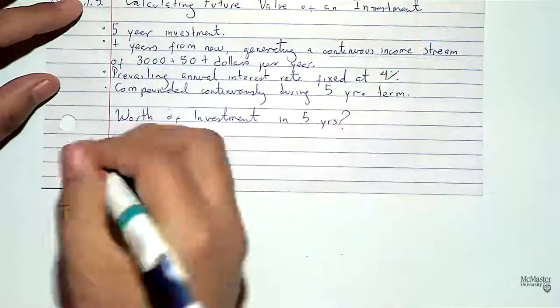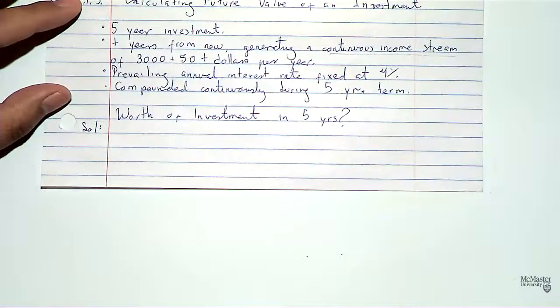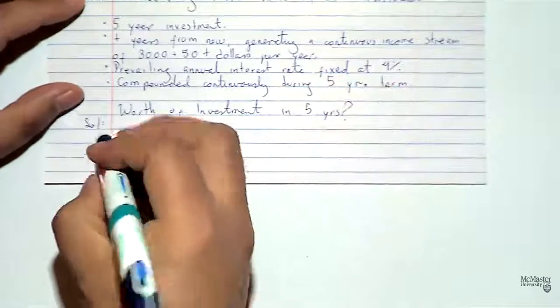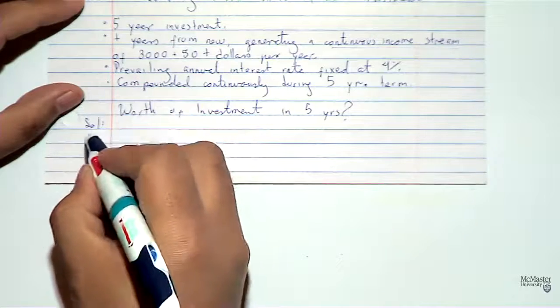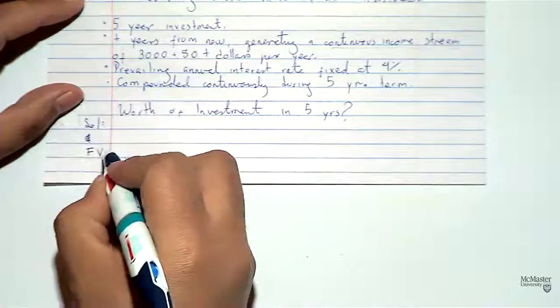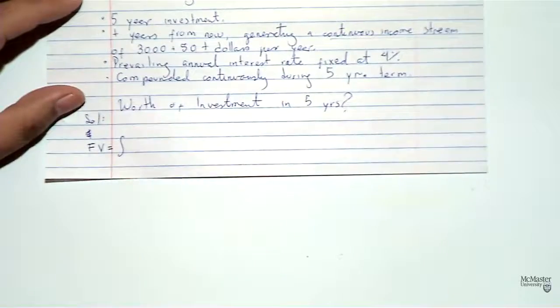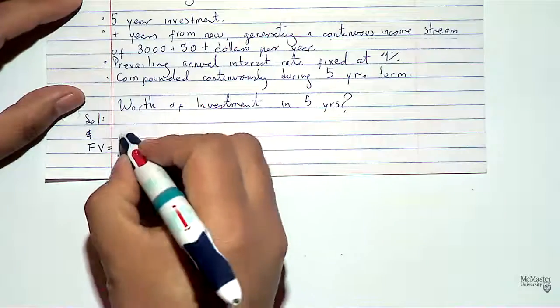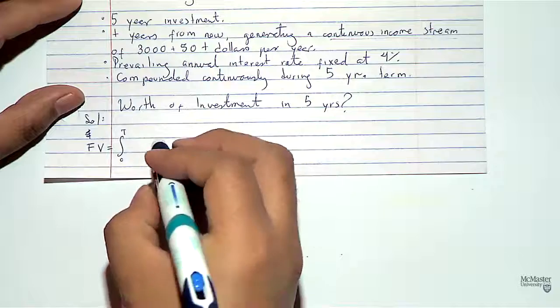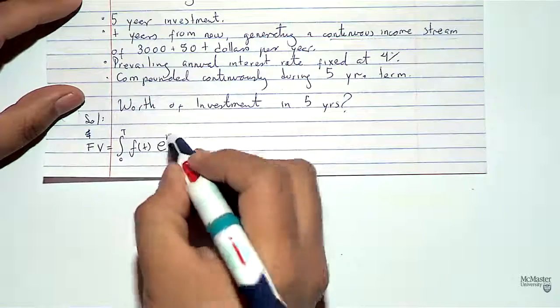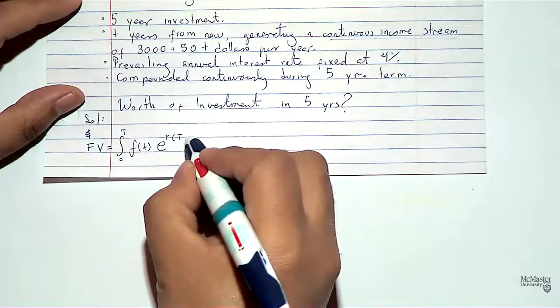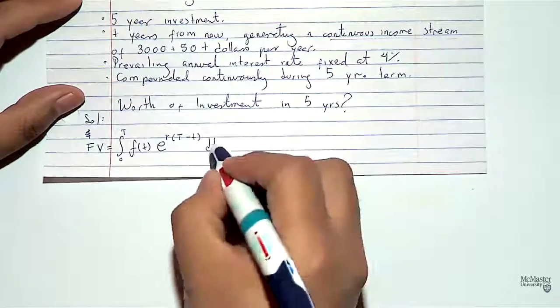And we have to recall what we had done in previous sections, especially 5.5, where there is a formula for the future value. In fact, let me write it over here. So future value, let me write first the formula and then I will do an explanation. You'll have the integral from 0 to T of a function f of t times e to the r times capital T minus t dt.